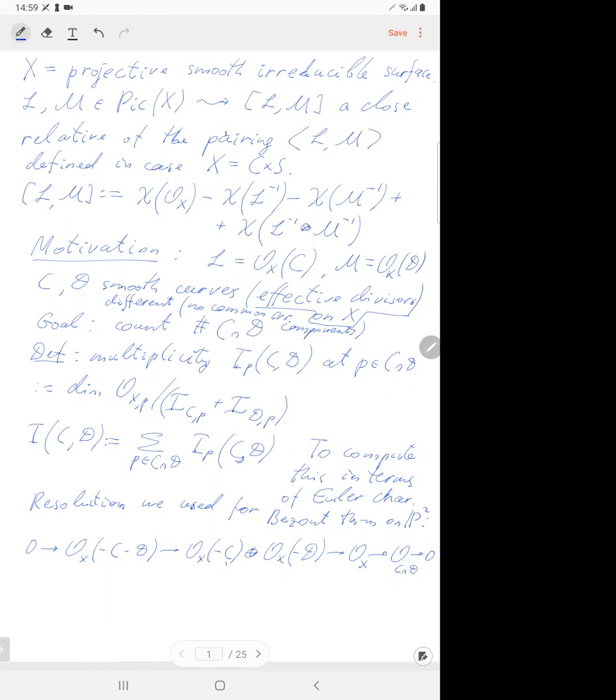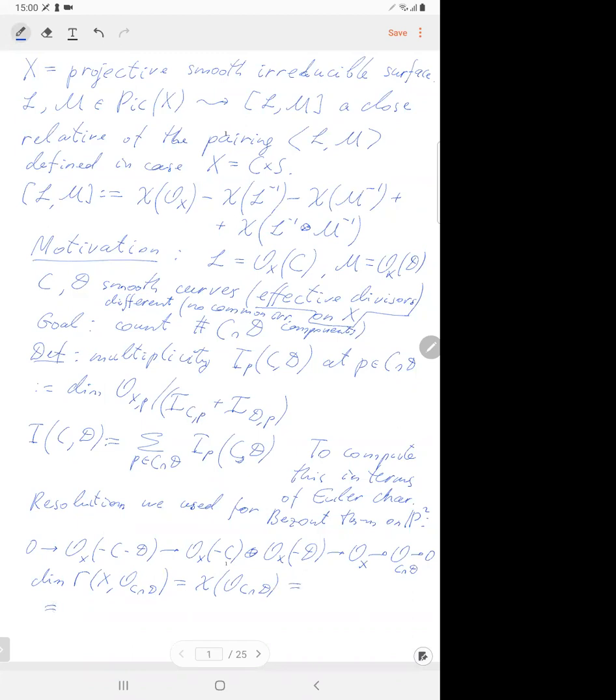I mean, its support is 0-dimensional, and so the dimension of global sections of O of the intersection of C and D is the same as the Euler characteristic of this sheaf. Okay, and this Euler characteristic can be computed from this exact sequence.